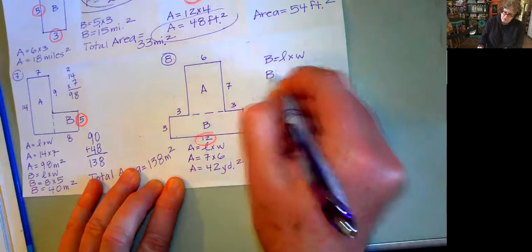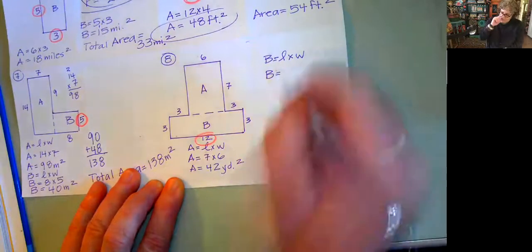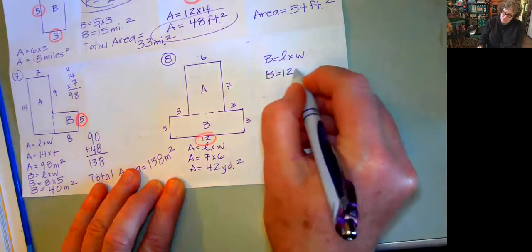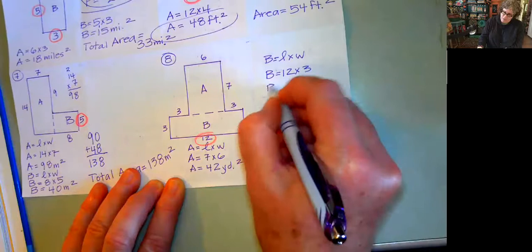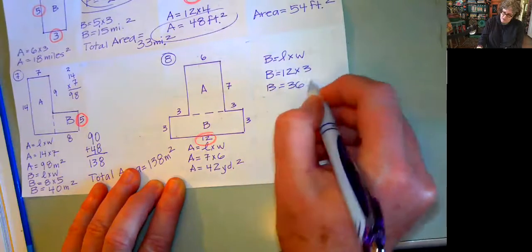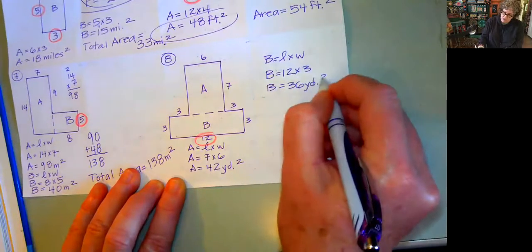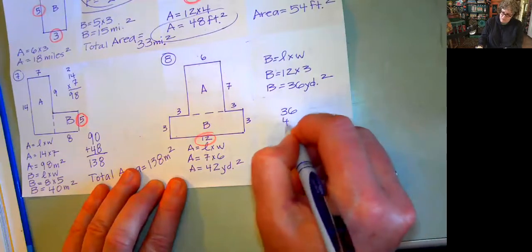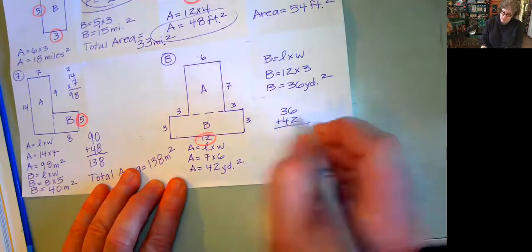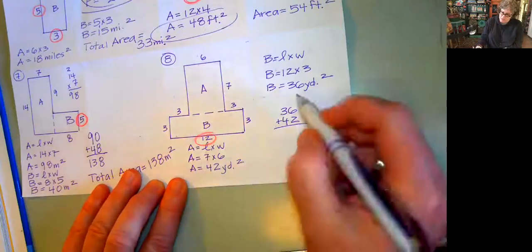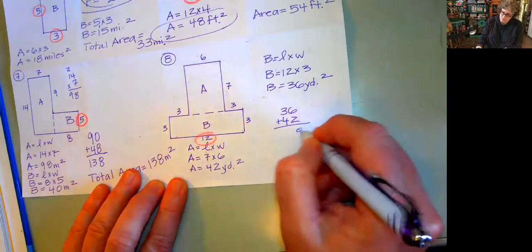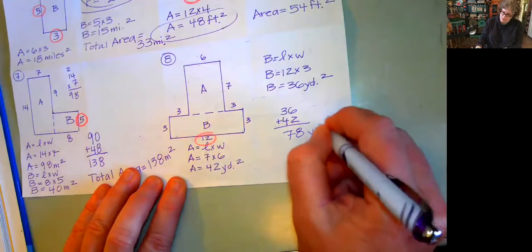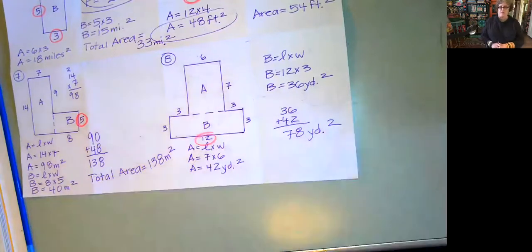We're just calling it B instead of A. We know that it's the area of B, and that's going to be 12 times 3. So B equals 36 yards squared. So we're going to add 36 plus 42 to get our total, because one is 36 and one's 42. And we get 78 yards squared as our answer.